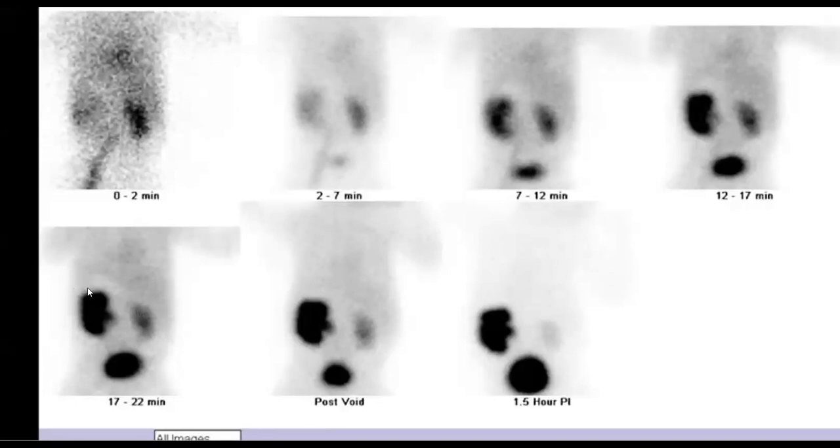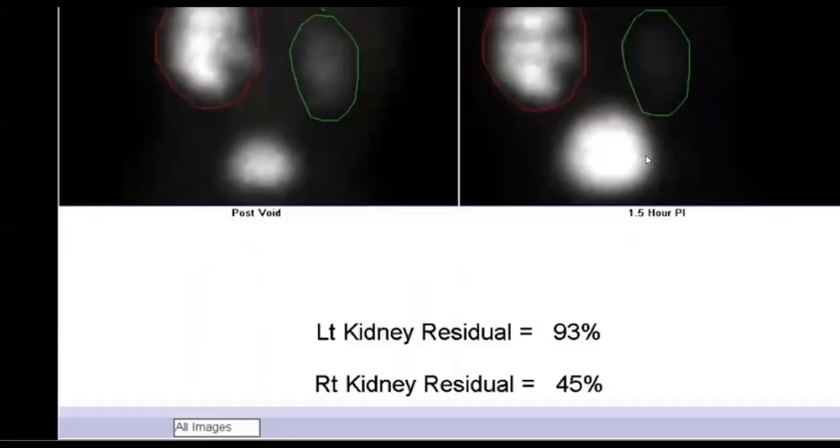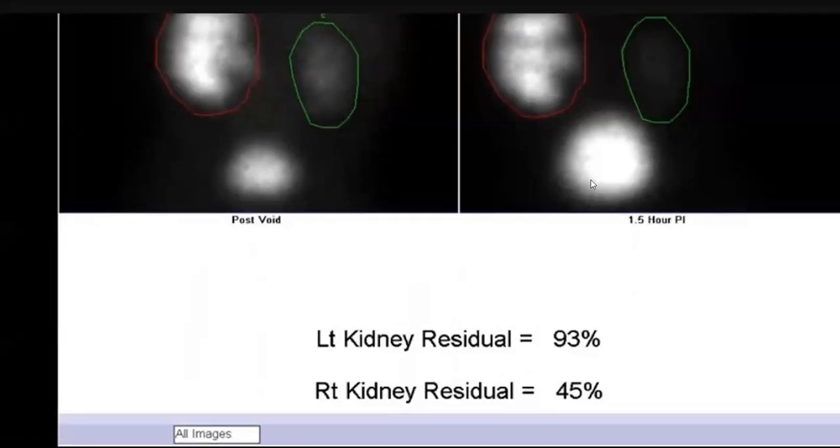The abnormality is left. Why is it left? Because you can see the left kidney takes up the tracer, with accumulation and without any washout. And when you do split function, you can measure the uptake in both sides.